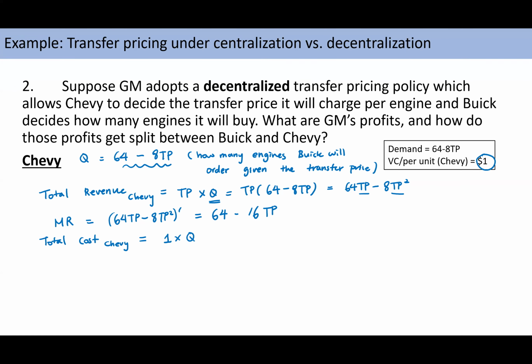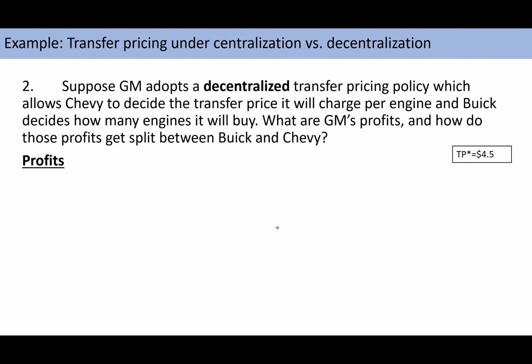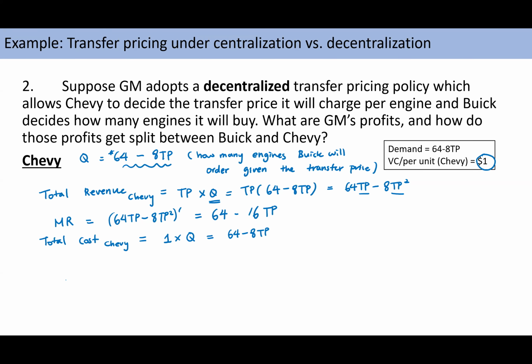So the total cost is 1 times Q. We are going to replace Q with our function up here, so that would be 64 minus 8 TP. And now our marginal cost with respect to TP would be equal to minus 8, because there's only 1 TP in the total cost function.